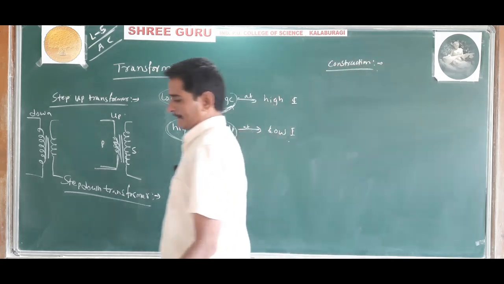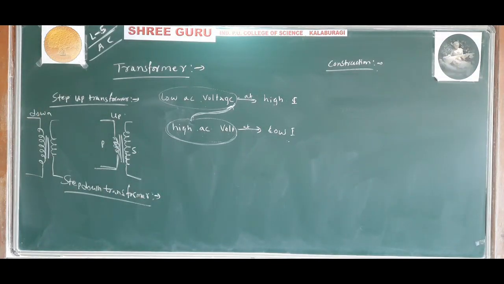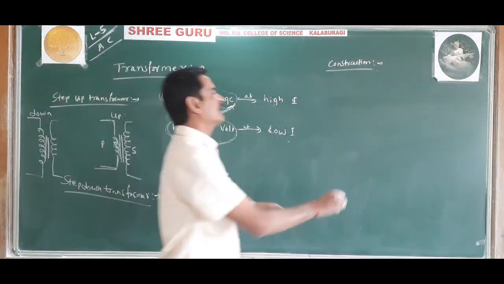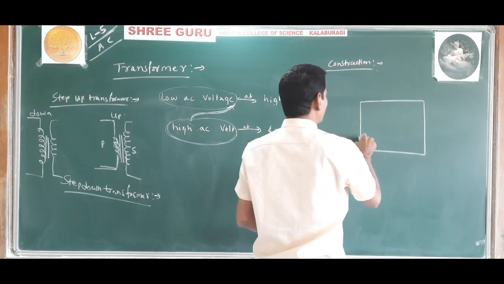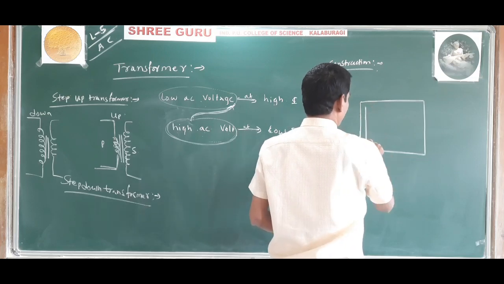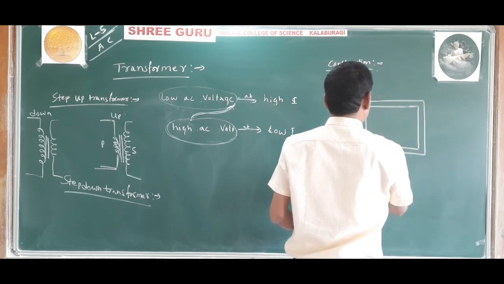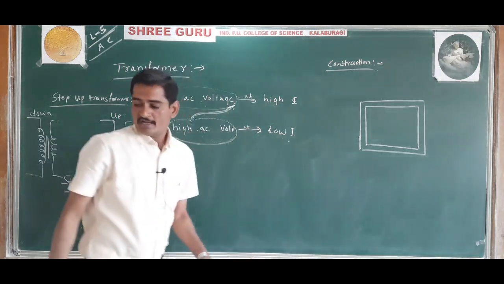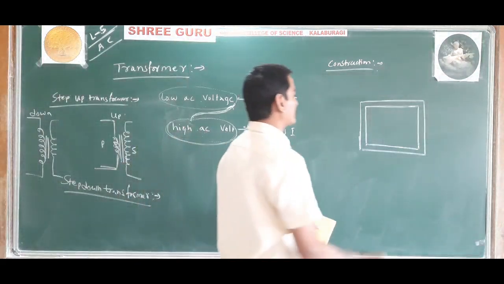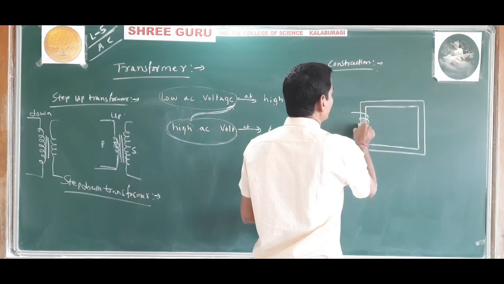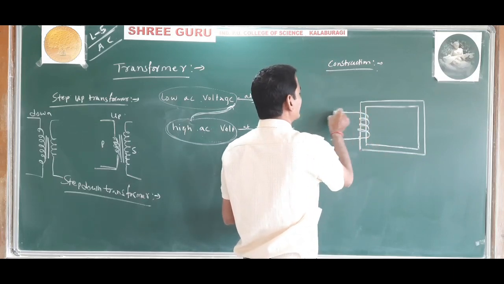A transformer consists of two separate coils of insulated wire wound on the same iron core.